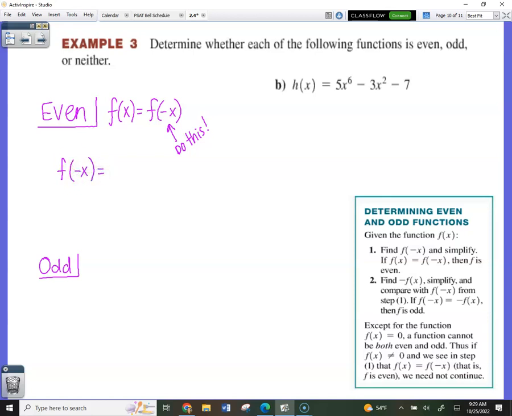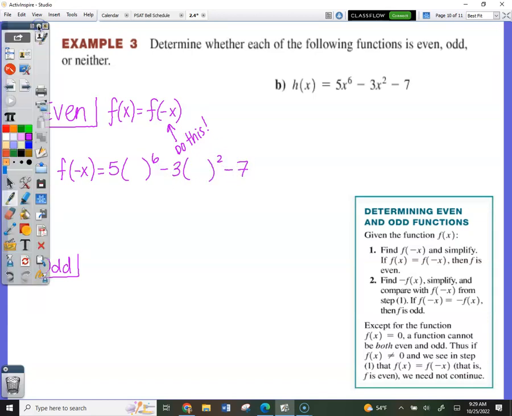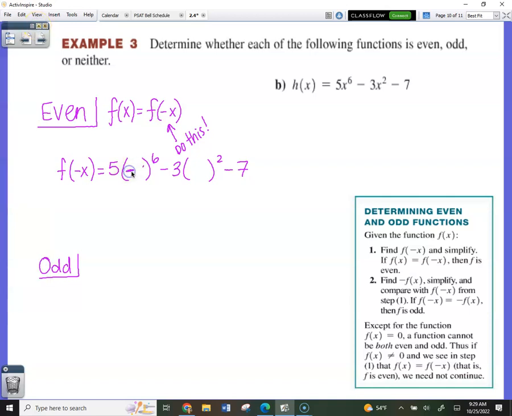H of negative x. So I'm plugging negative x in everywhere there's an x: 5 times (negative x) to the 6, minus 3 times (negative x) squared, minus 7. I'm plugging in negative x. Don't overthink it. That's a negative to an even, so it's going to come out positive times 5.